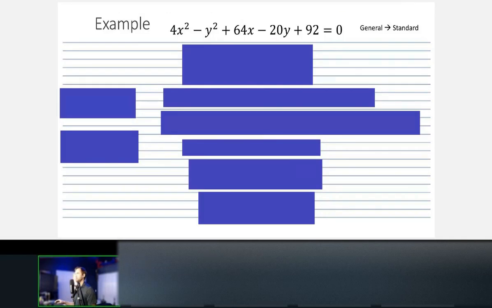All right, first example. So going from general to standard. This should look similar to, well, ellipses. If I didn't tell you this equation was that of a hyperbola, how would you know? How would you know this equation is a hyperbola and not an ellipse or a circle?